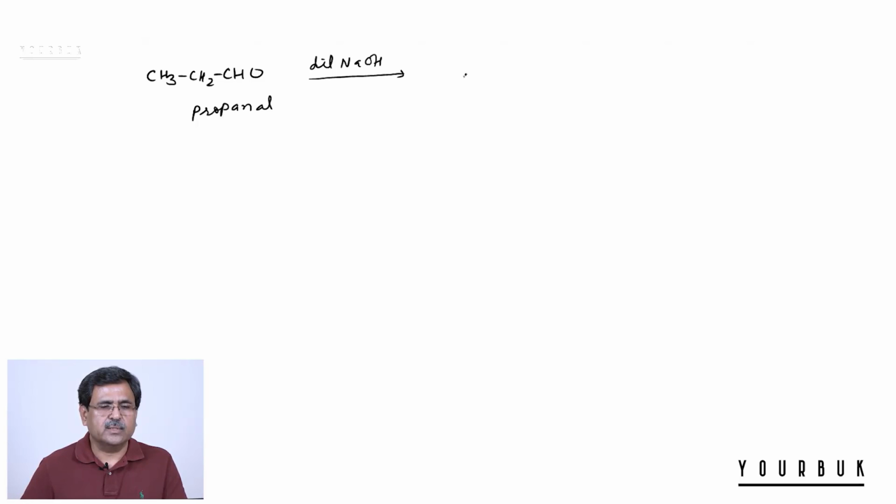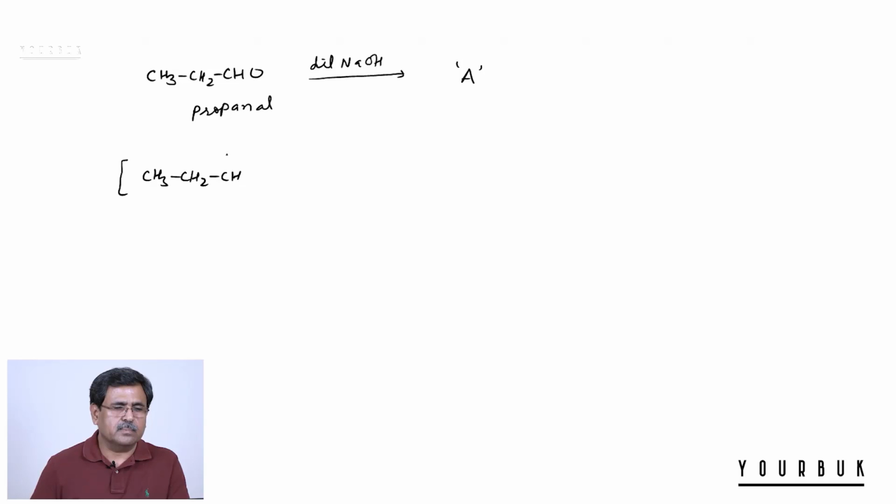Again, our aim is to write the structure of this compound A. Now, this is again an example of self aldol condensation. So you write one of the aldehydes as a substrate, highlighting the carbonyl group. And write the second aldehyde in the form of an enolate, and split only the alpha carbon in the form of a cation and anion.